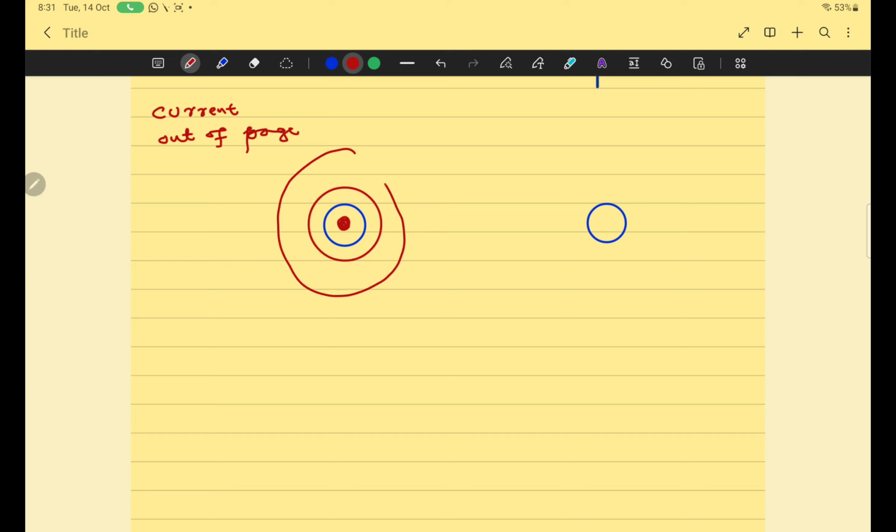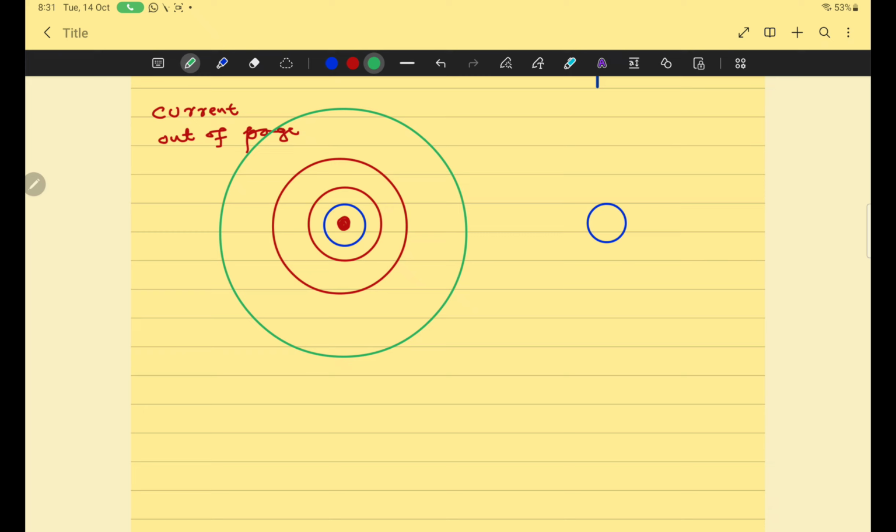Pavitra, can you help me in applying the right hand grip rule? If the current is out of the page, then keep your thumb towards your face. And if the thumb is towards your face, then what is the direction of magnetic field? Is it clockwise or anti-clockwise?